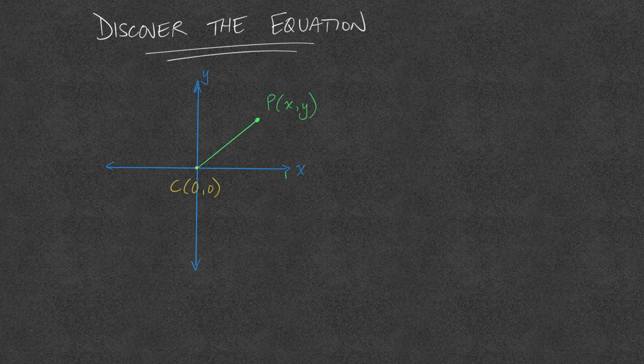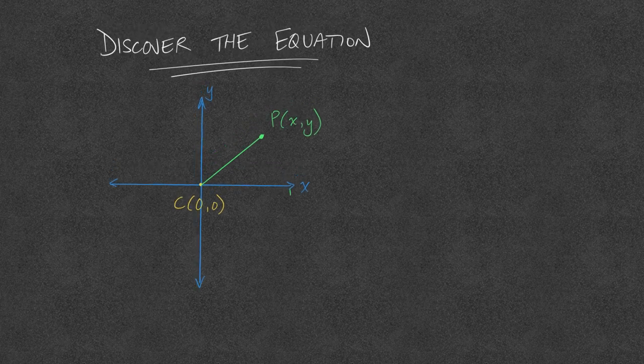So I'll call it point P and it has coordinates x, y. I want to make it generic because of what I did earlier. Now, point P maybe really exists here, or maybe here, or maybe here. It doesn't have to be in quadrant 1. It could be anywhere because I've just said it has coordinates x, y.